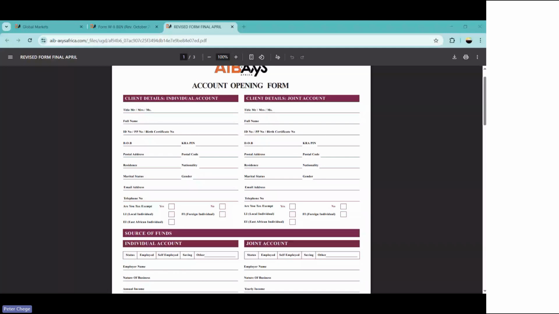How do I get activated? Drop an email to feedback@AIB-AXYS. Sorry, it is in capital AXYS. I'm putting the email you need to send to. On that email you find our customer service manager.